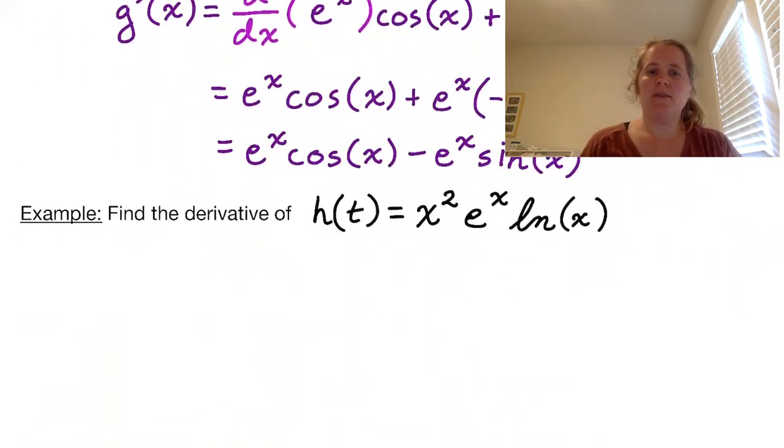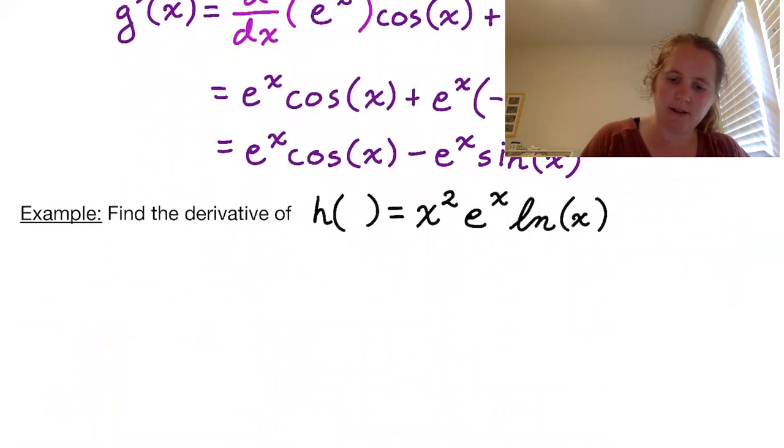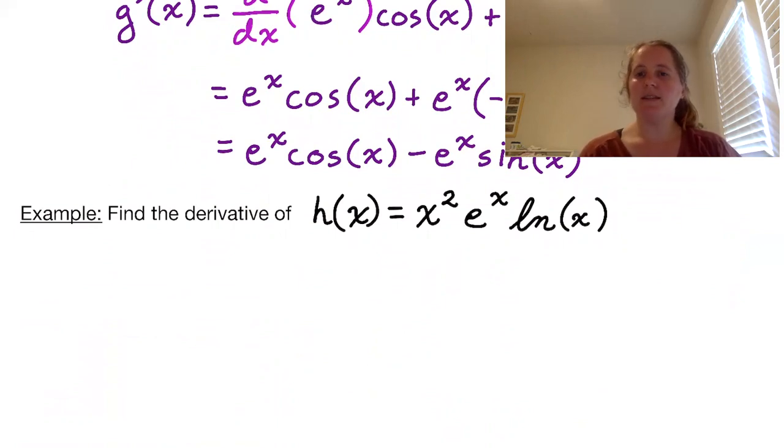And last up, let's go ahead and find the derivative of h of x equaling x squared times e to the x times natural log of x. So here we have three things involved in the product, three factors. So let's focus first on x squared times e to the x natural log of x.